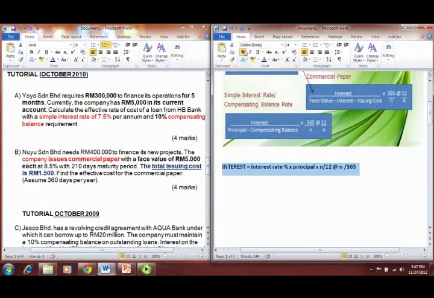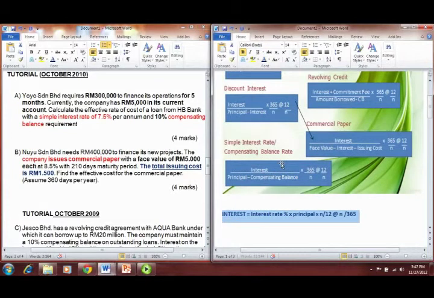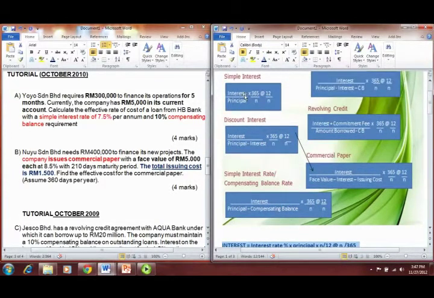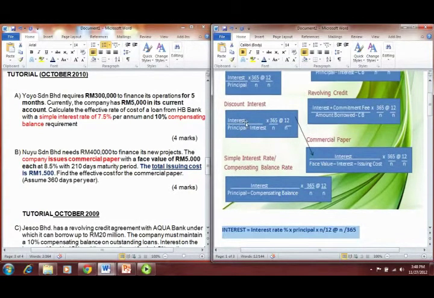This interest amount formula can be used for all the formulas. In simple interest, interest divided by principal; to find the interest amount you use this formula. For discount interest, interest divided by principal minus interest. Remember, all these amounts must be in RM.